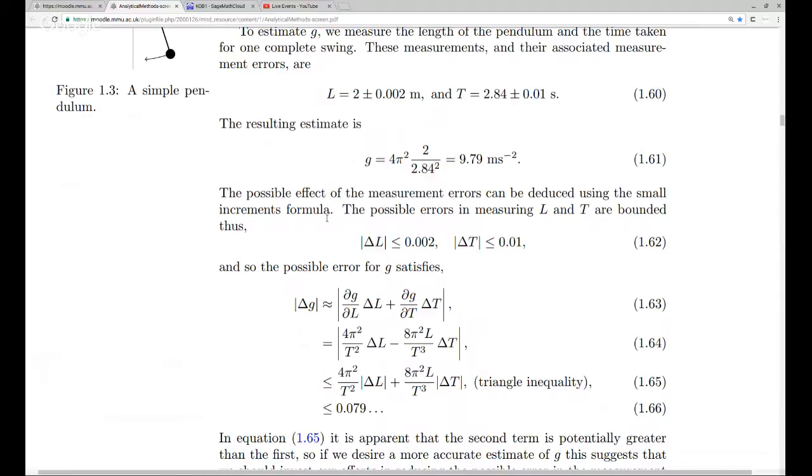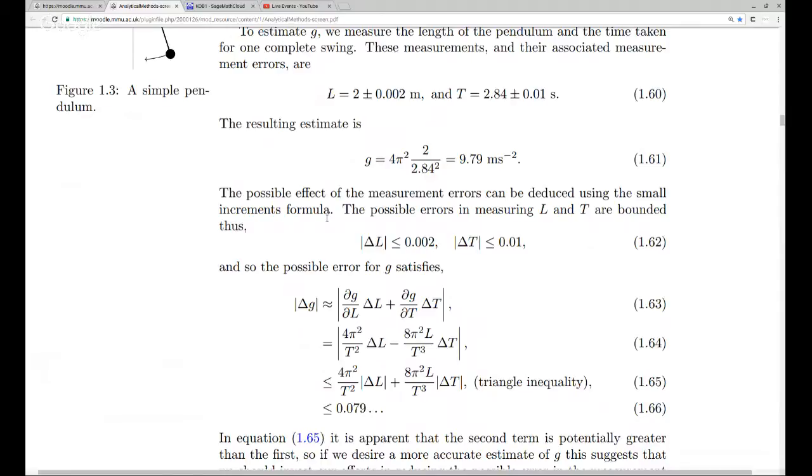So this is what the small increments formula looks like for delta G. Delta G is the error in our estimate of acceleration due to gravity. And it's dg dl times delta L plus dg dt times delta T. We're assuming this formulaic relationship between the gravity and the length and T, the one we had at the bottom of the previous page.